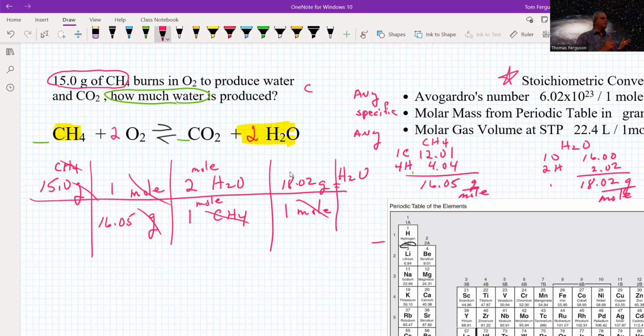So what are we left with now? What is not canceled? Grams of water. What are we trying to calculate? Grams of water. So we know the setup is right. So you're going to multiply everything on the top, divide by everything on the bottom.